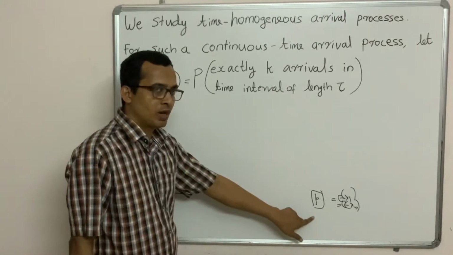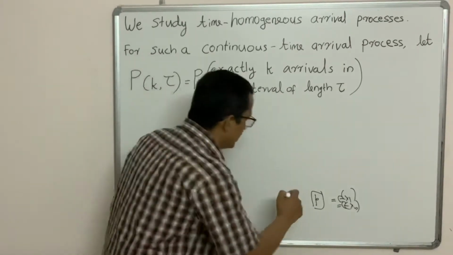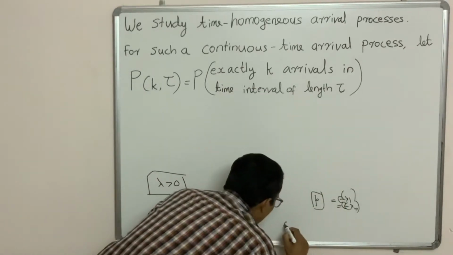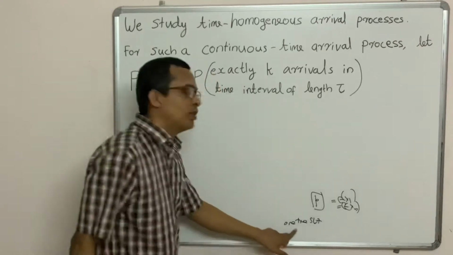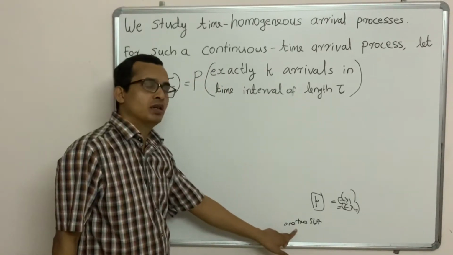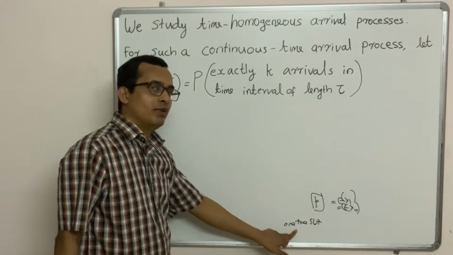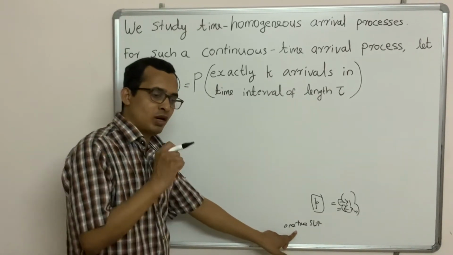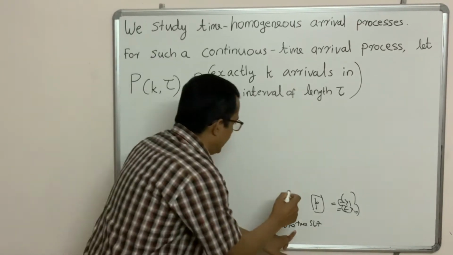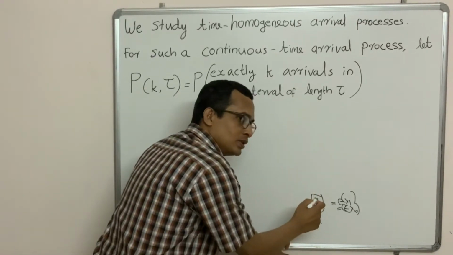Therefore, its expected value is p. So in that sense, if you look at one time slot in a Bernoulli process, say the nth time slot, the arrival rate is p in one time slot. So that p is the arrival rate in the Bernoulli process in that sense.